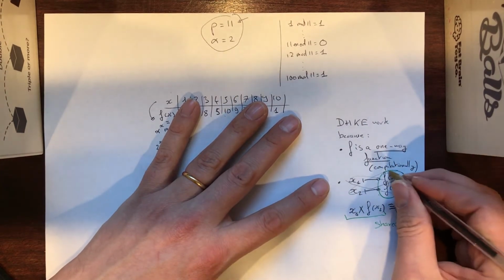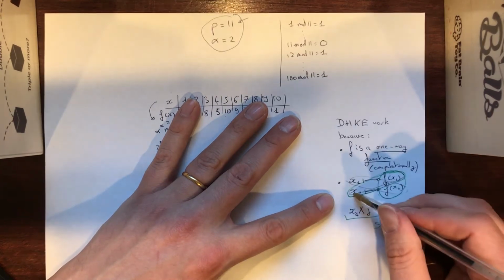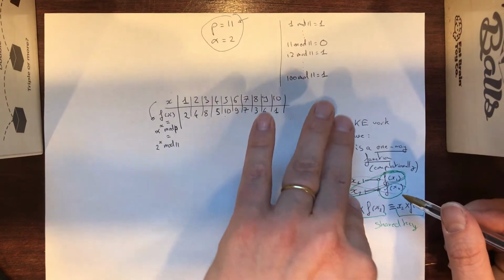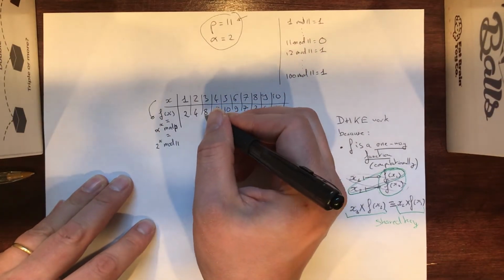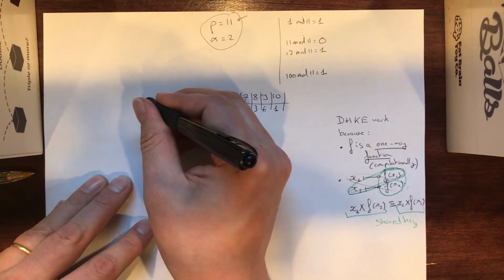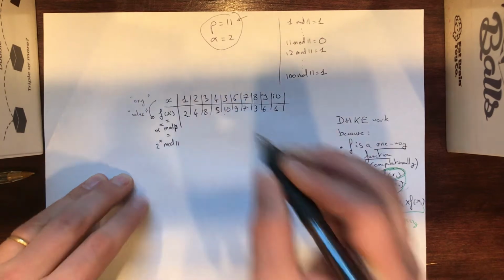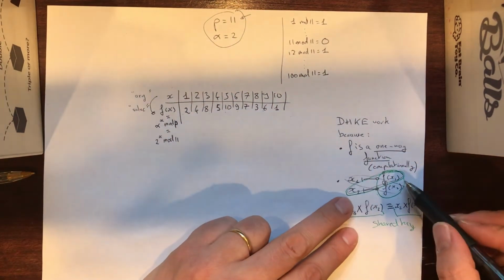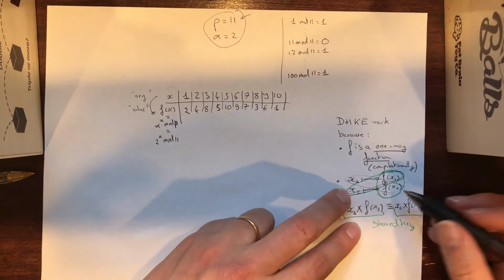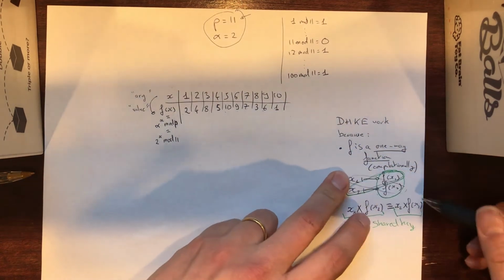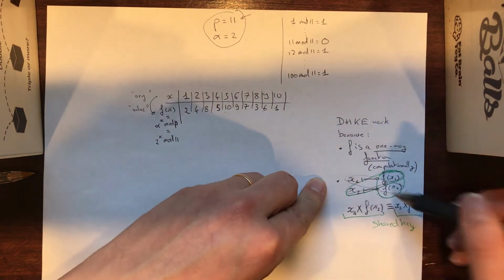To get a shared key, you need to combine one argument with one value, right? If you consider that this is what we call the argument, and this is the value, you combine one argument with one value to get something equal to the other argument with the other combination of argument and value.